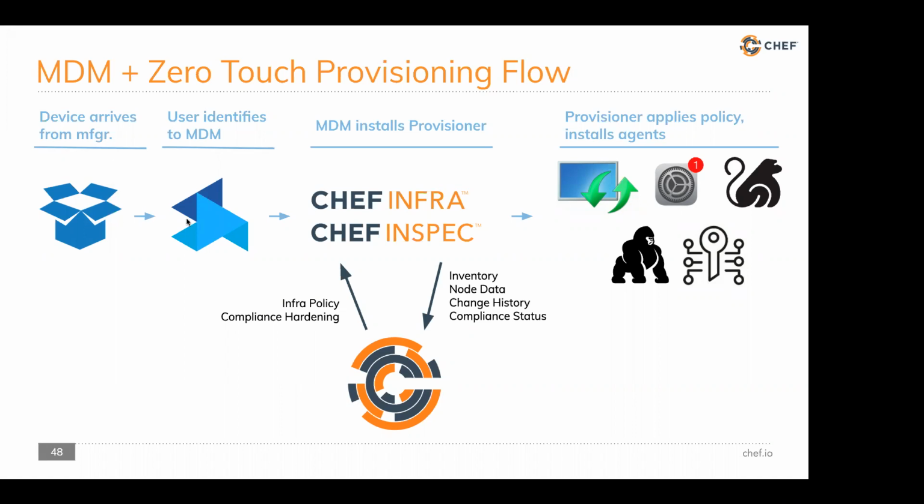So device arrives from Apple, user opens it up, types in their credentials, the MDM basically accepts them. And that's kind of where the MDM stops doing a lot of work. At that point, the MDM will install a provisioner.